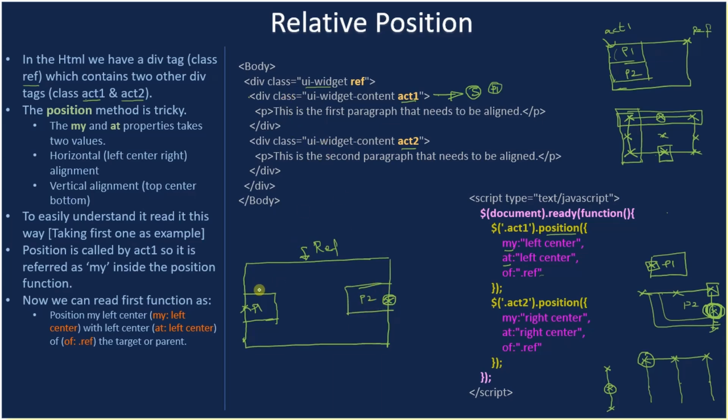This is actually div1 and this is div2, and they are containing P1 and P2. And you can see how we are aligning paragraph 1 and paragraph 2 with reference to ref. It is a bit tricky, so you have to pay attention to see how the alignments are working.